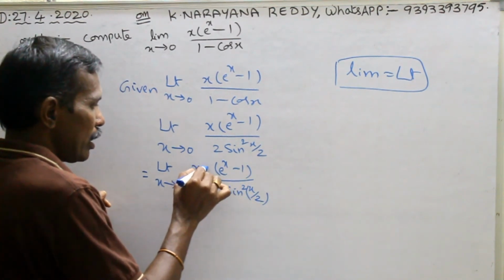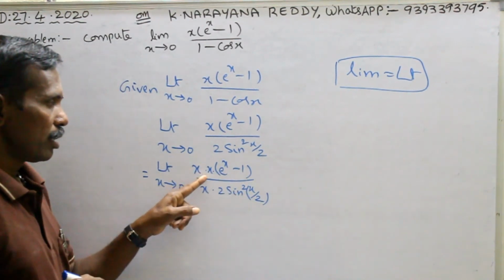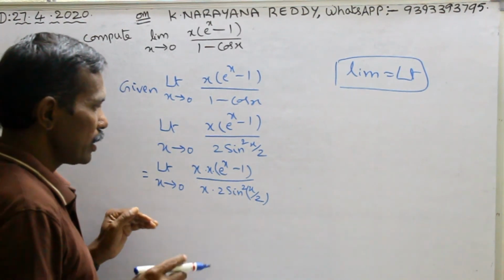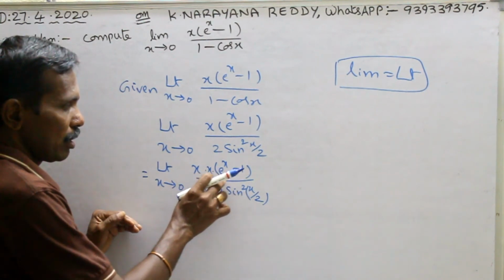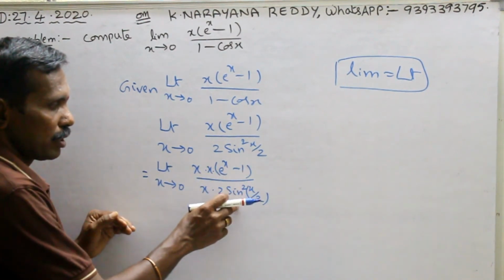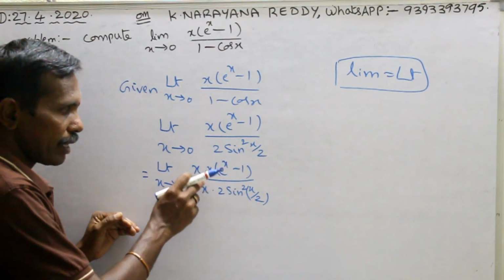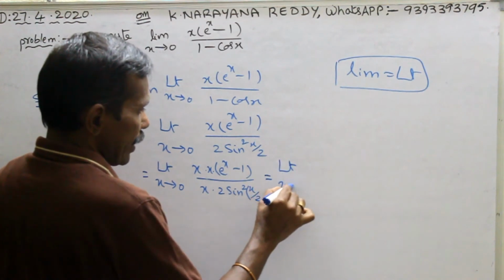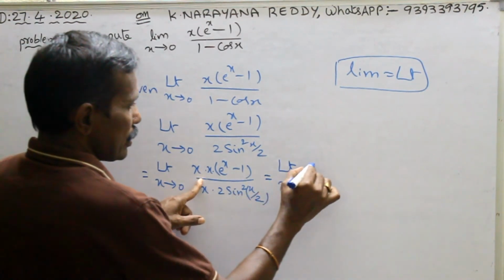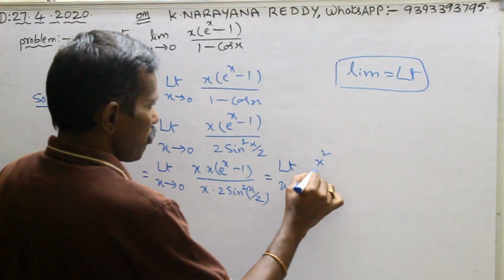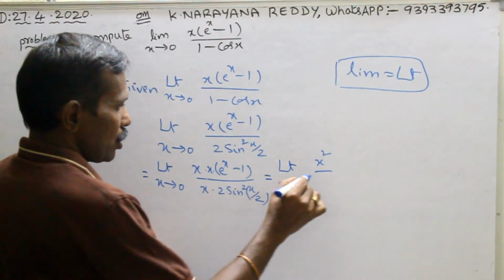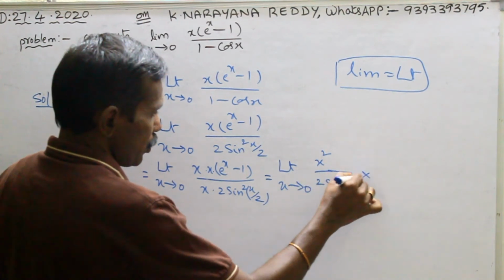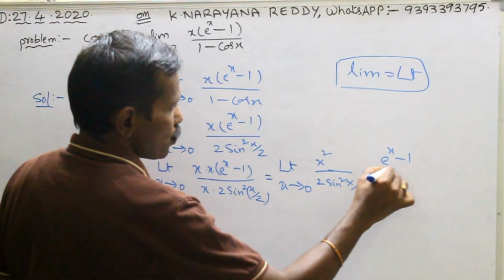Here I have written x also, because I am multiplying with x and dividing with x. Why? Because I want this sin theta by theta formula. Sin square is there, I want x square here. That is why I am taking another x. That equals limit x tends to 0, x square by 2 sin square x by 2, into (e power x minus 1) by x.